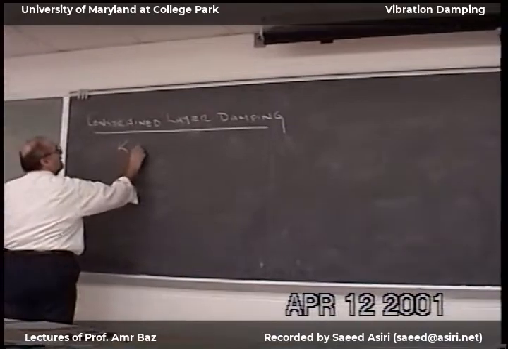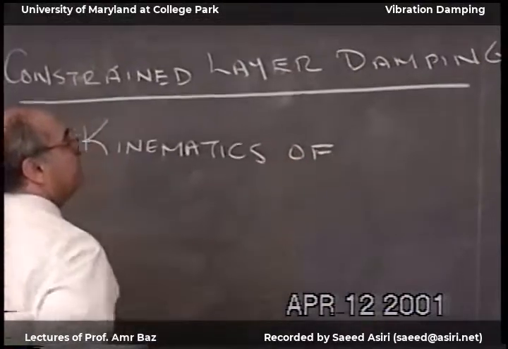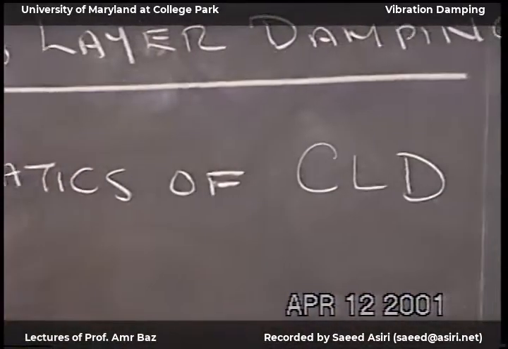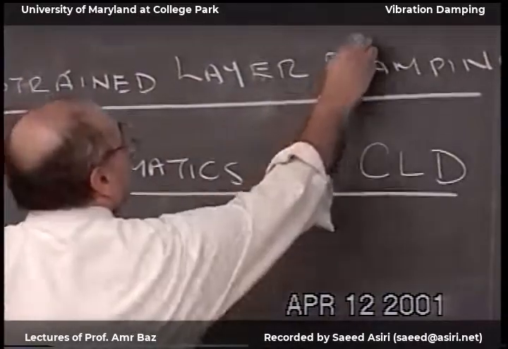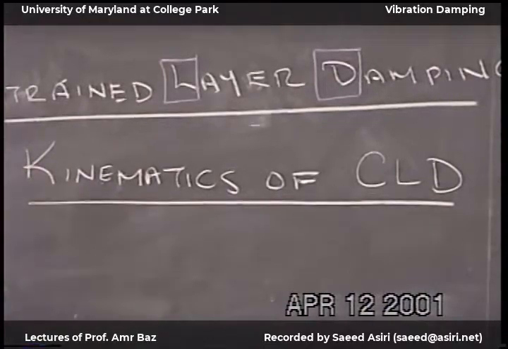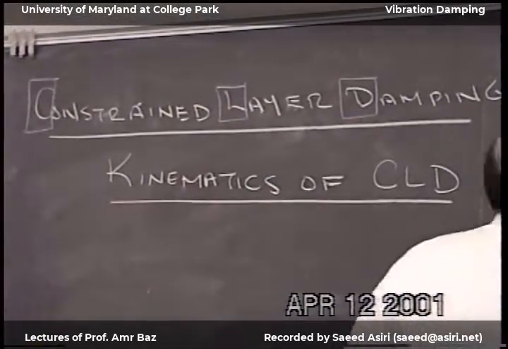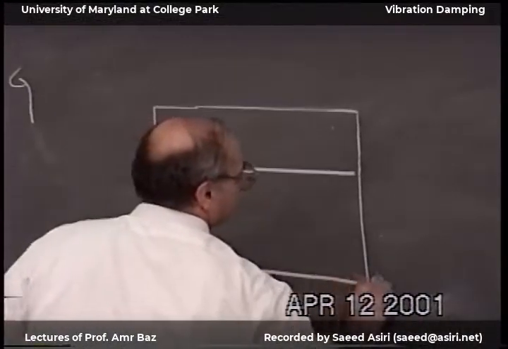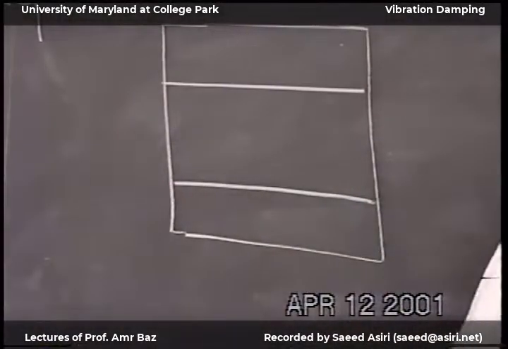We look here at kinematics of constrained layer damping. I have here 3 layers. And then I'll deflect them, they will look like this.